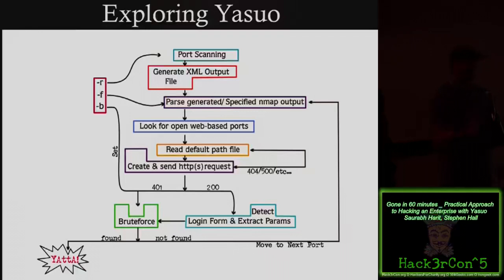In case of 401, if you choose to brute force, it would brute force that and tell you if it found any of the default or weak login passwords. So in the end, you will get a table with a list of applications: this IP, this port has this application installed, and these are the default credentials, and also the exploitation path.